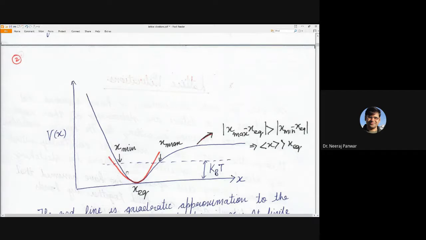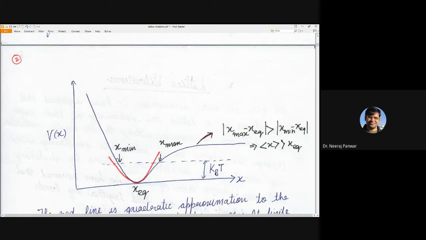Therefore, the potential energy varies quadratically, or the potential energy varies as the square of the displacement. So this red curve here represents the potential energy under the harmonic approximation.